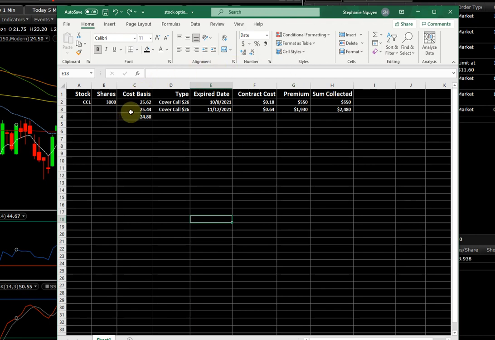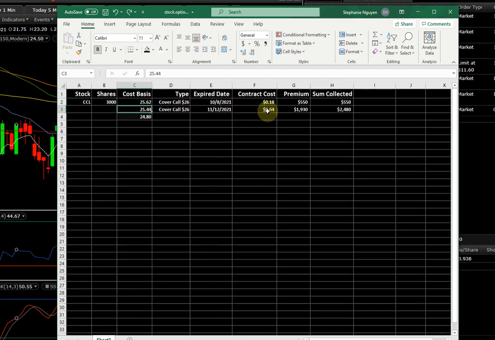That's the first premium that I collected. So now this is the second premium. So now I take this price divided by 3,000 shares, which is 18 cents. Subtract this right here, equal this right here. So right now my cost basis is 25.44. But I did another covered call just recently, yesterday. So this covered call also has the strike price 26 due November 12th.